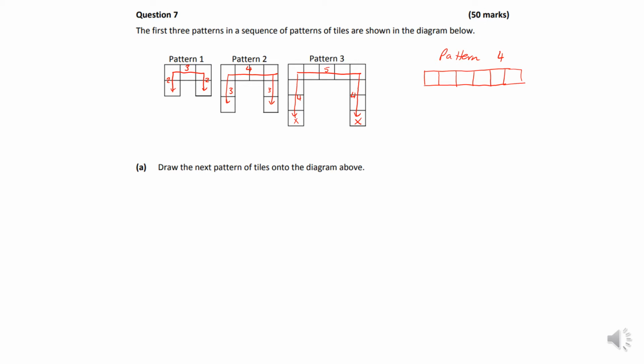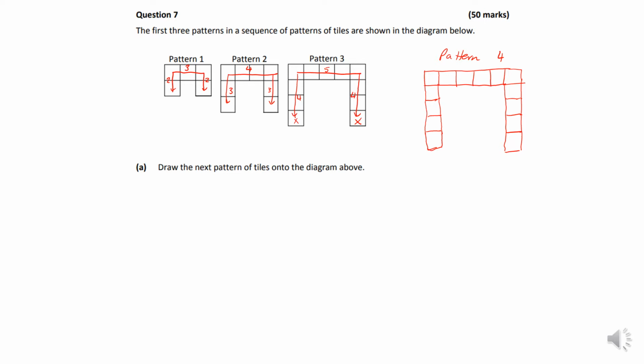It's getting one bit longer, arm or leg, whatever you want to call it. So we should go down by 5. Okay, so the top one is 1, we have 2, 3, 4, and we'll have a 5th one. Okay, and it will be the same over here. Now, so that is our pattern 4.